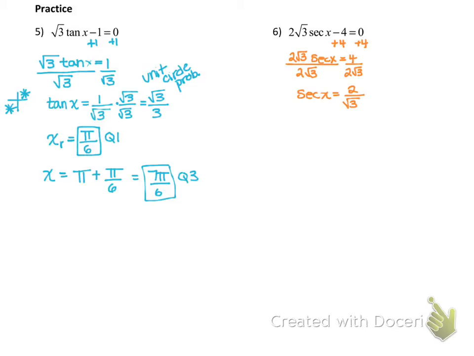So cosine x equals root 3 over 2. So when you're given a secant, cotangent, or cosecant value, you don't need to rationalize that, because by me taking 1 over 2 over root 3, it undoes that. It rationalizes it for me, because I need cosine, which is root 3 over 2, which is rationalized and happens to be a unit circle value.